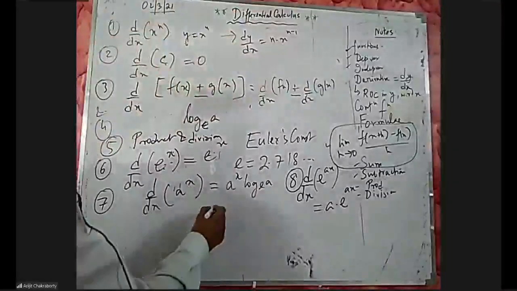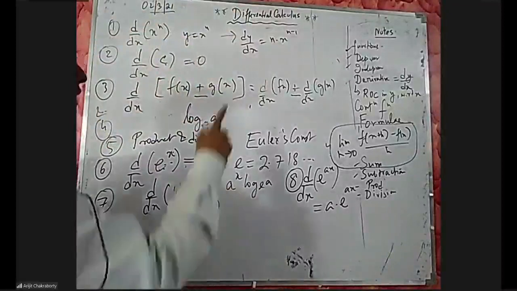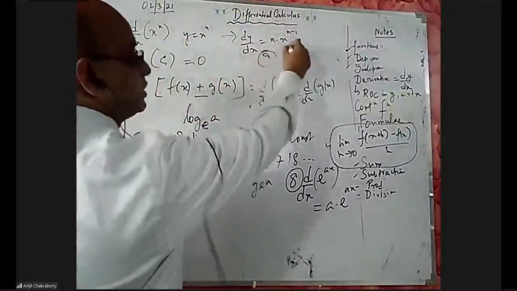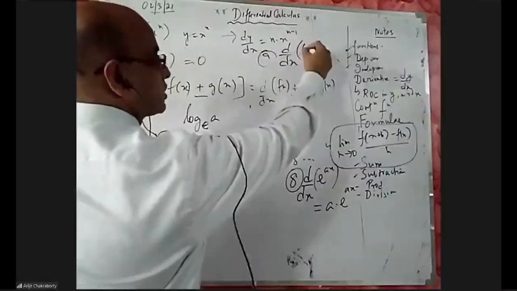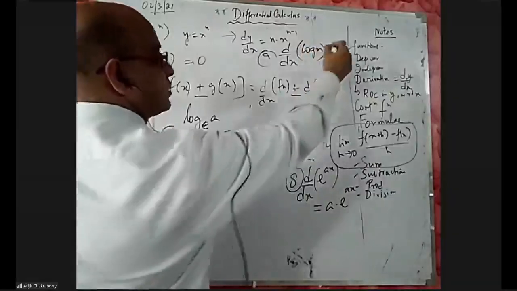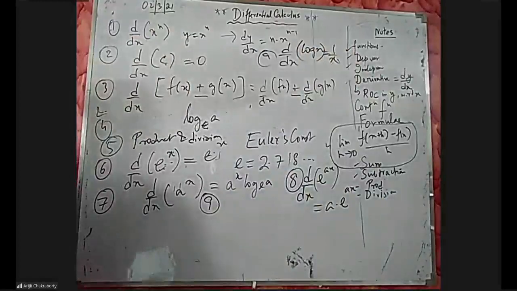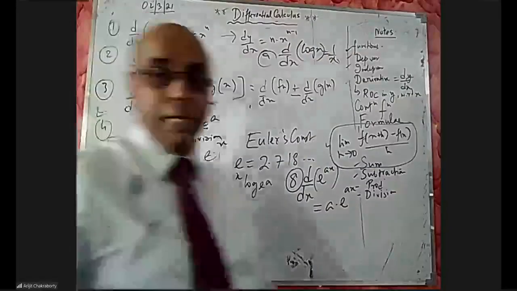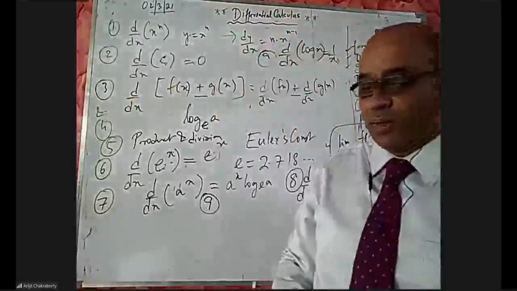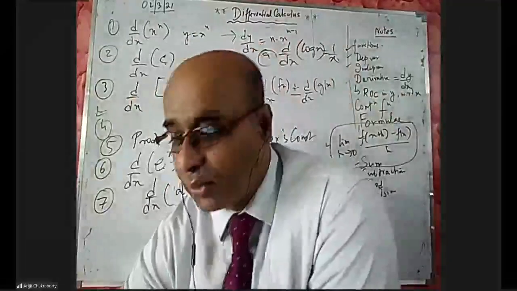So the ninth formula is d/dx of log x. The answer is 1 by x. Simple to remember, it's 1 by x. The 9 formulas in all till now. I think 1 or 2 formulas we will also be able to add, to make it 10.